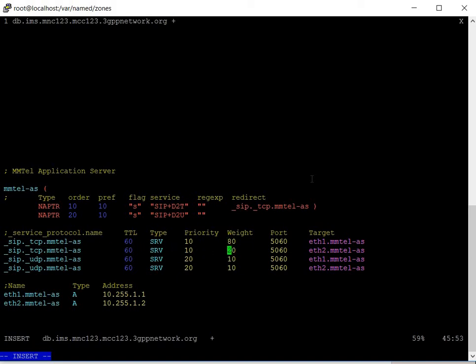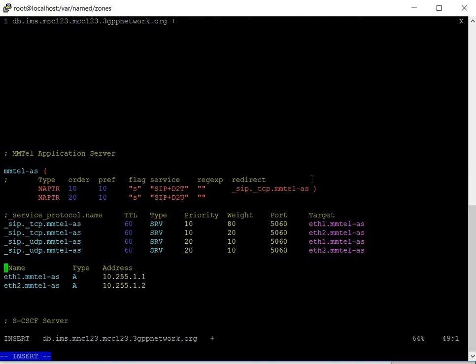I can set thresholds to say what amount of traffic I send to what, or how often I select, for different transactions, which of these 2 server interfaces. So it's just more flexible as an SRV record, and it's going to map to an IP address from this target statement. So this eth1.mmtel-as, it presumably has an IP address.